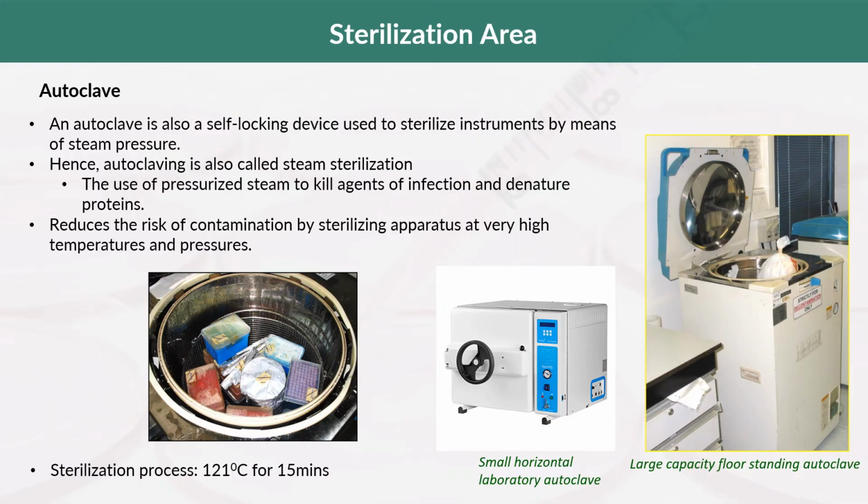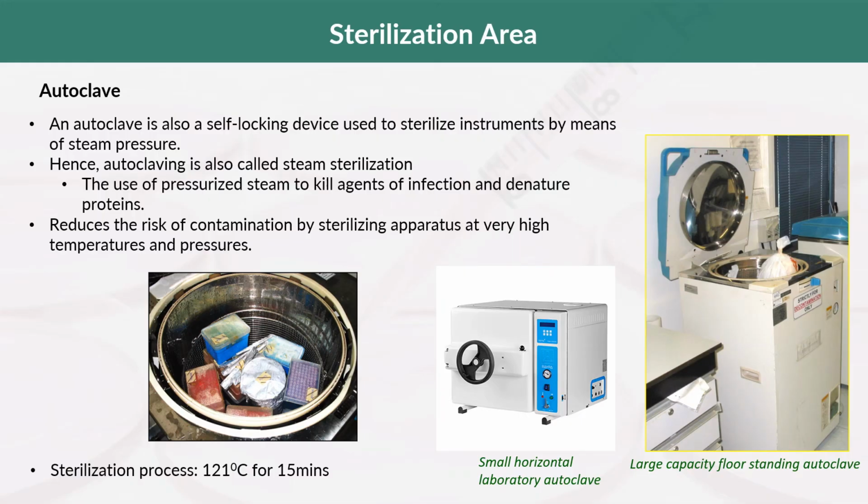Okay, so it basically kills all the bacterial endospores and things like that. So pretty much wiped out all your contaminants. The sterilization process usually takes about 15 minutes, and they sterilize all your reagents and equipment at 121 degrees Celsius.